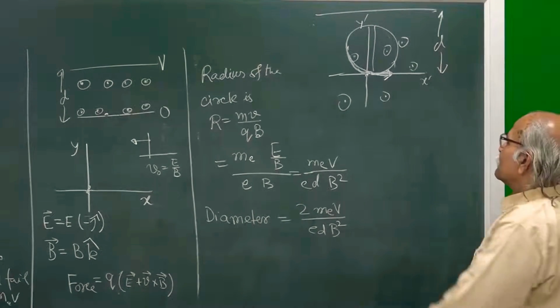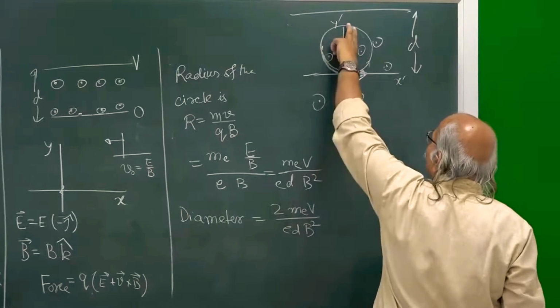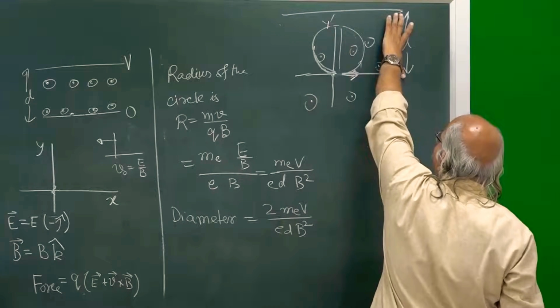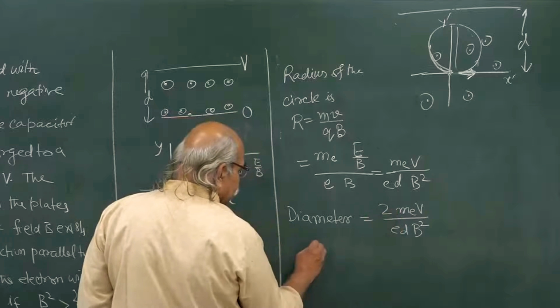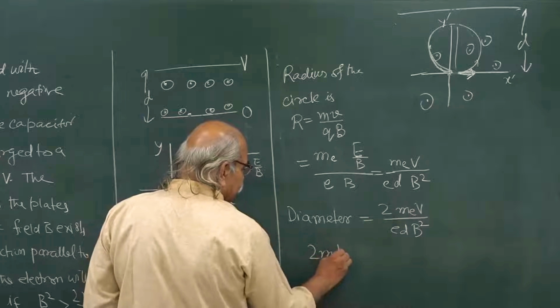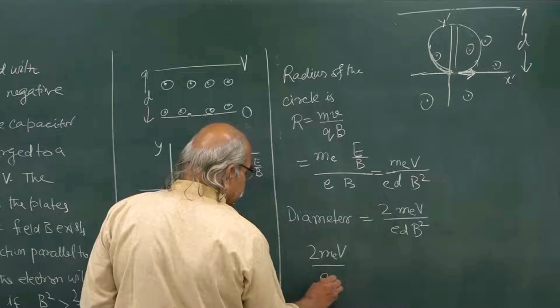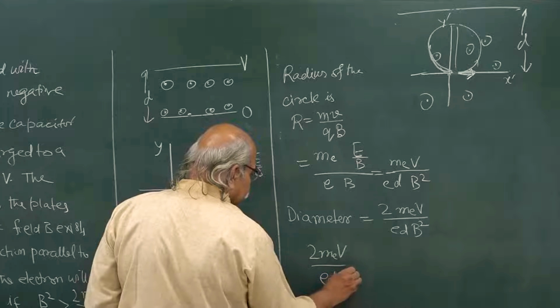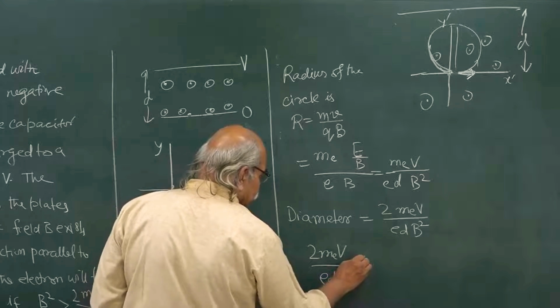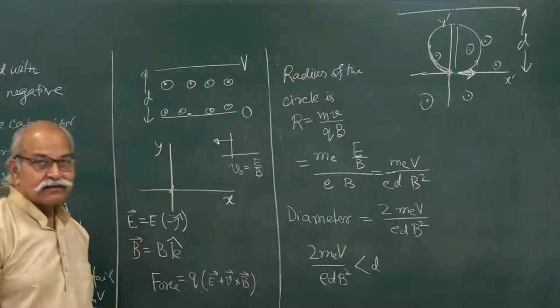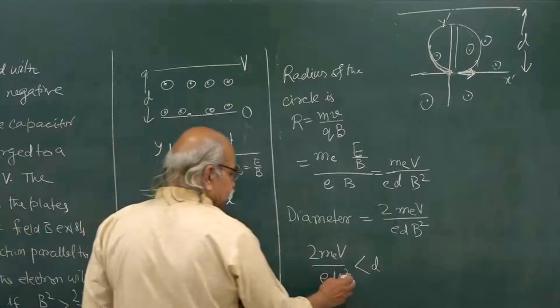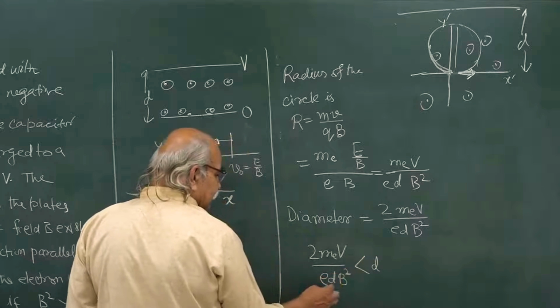If the diameter of the circle, 2mev/(eB) squared, is smaller than the separation d, then it will fail to strike. So this should be smaller than d. I can take this B square here and the d can come here.